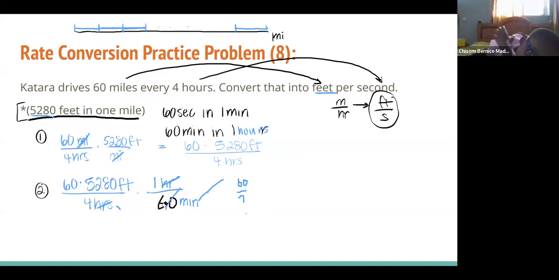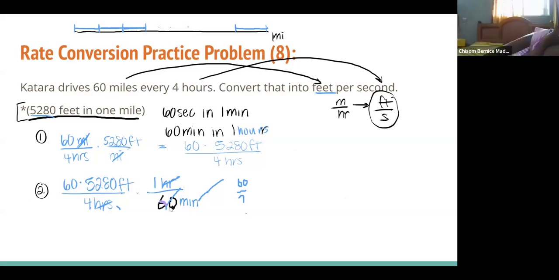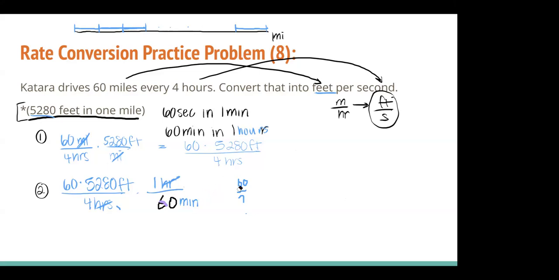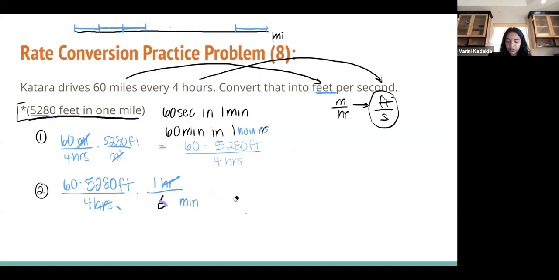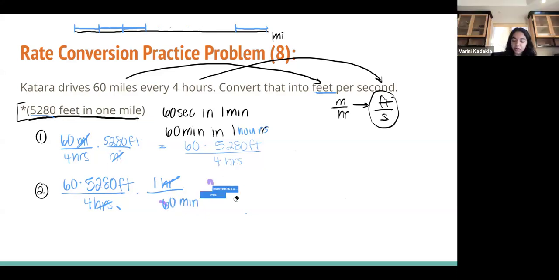Wait, hold on, one sec. Okay, so let's go through this again. So I want to get rid of minutes, right? So where should my minutes go? On the top or on the bottom? On top. Yeah, so okay, we know that we want to put 1 minute up here.